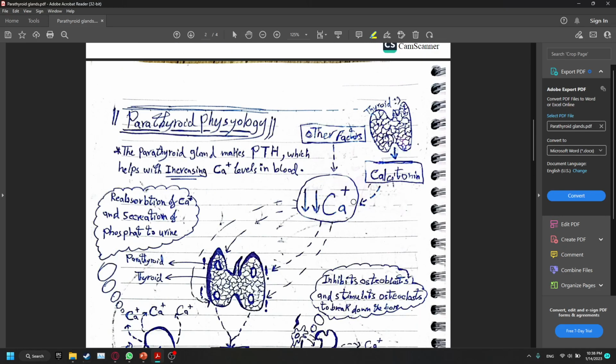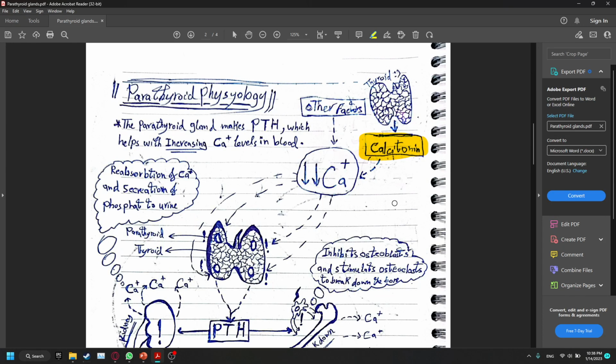So when you have low blood calcium, too little calcium in your blood, which happens. Why does it happen? It could be mainly because of the thyroid gland producing calcitonin, which, by the way, helps with building up the bone, and that uses calcium, right?